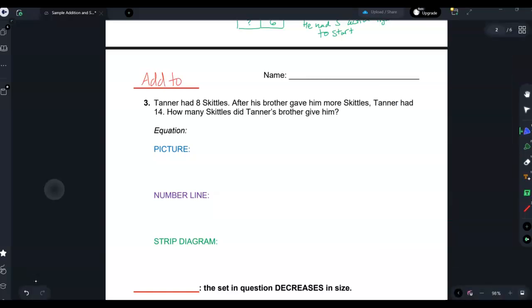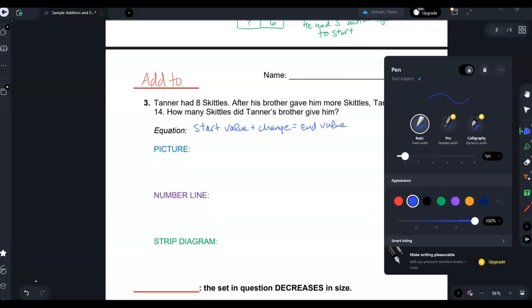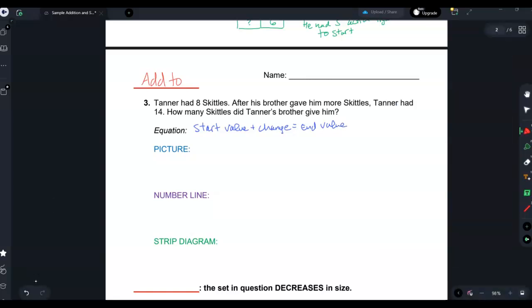So our add to equations look like this. In this case, I know the starting value is 8 Skittles. I don't know what his brother gave him, so that's my question mark. And I do know that we end up with 14 Skittles.